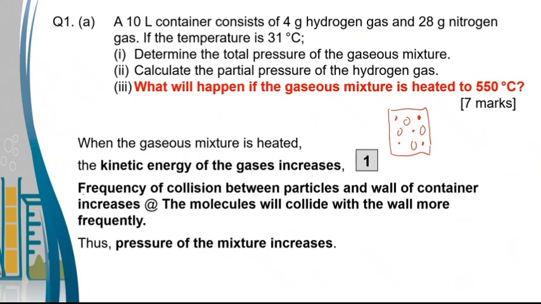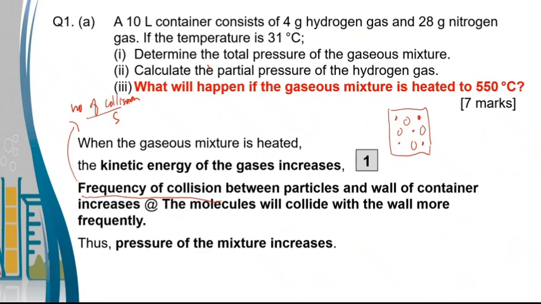Frequency of collision is referring to the number of collision per second. So frequency of collision between particles and wall of container increases, or the molecules will collide with the wall of container more frequently.